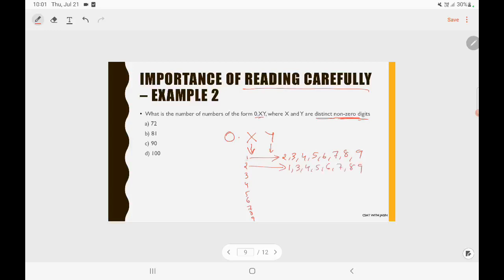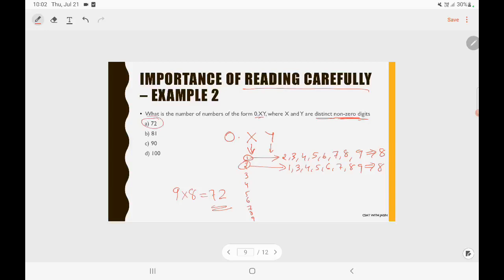So if x is 1, there are 1, 2, 3, 4, 5, 6, 7, 8. Sorry, 8 possibilities. And if x is 2 also, there are 8 possibilities. Similarly, in each of these, there will be 8 possibilities. So our answer is 9 into 8, which is equal to 72. So option A is the right answer.